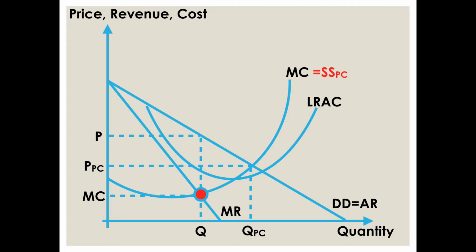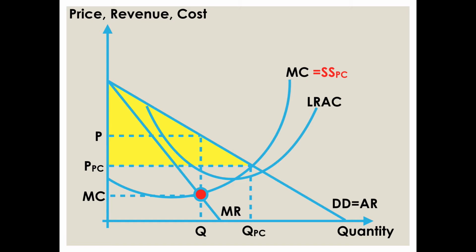Let's try and see how much the consumer and producer surplus is in the PC market. If you remember, consumer surplus is the difference between the maximum price that consumers are willing to pay and the price that they're actually paying. The maximum price that consumers are willing to pay is given by the demand curve, and the price they're actually paying is given by the market price, which means that for the perfectly competitive market, the consumer surplus is given by the yellow triangle.